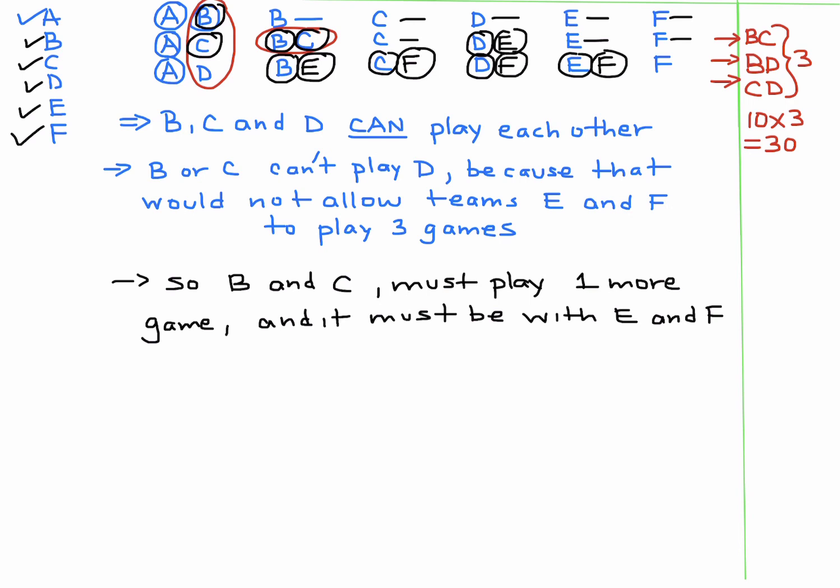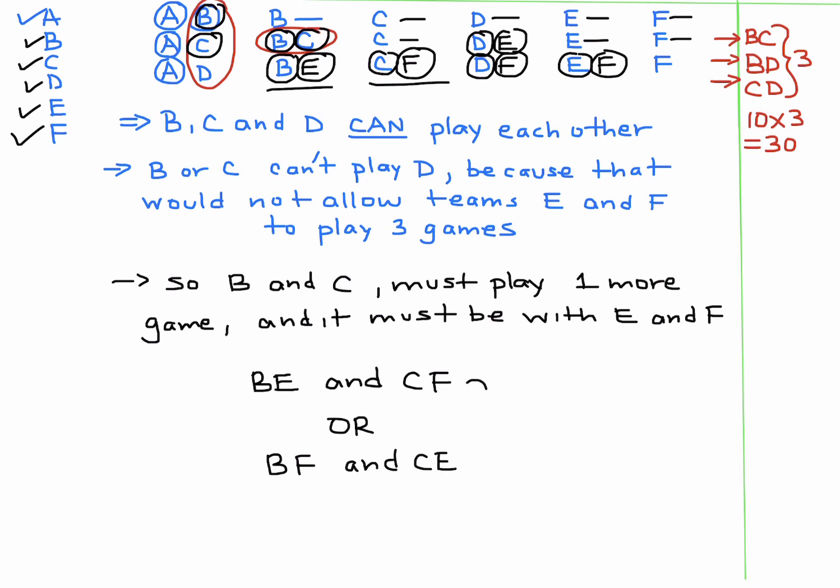So this scenario is great. It all matches up. So what I did up here was I created the scenario BE and CF, if you notice. There's one other scenario that is just switching the F's like this, BF and CE.